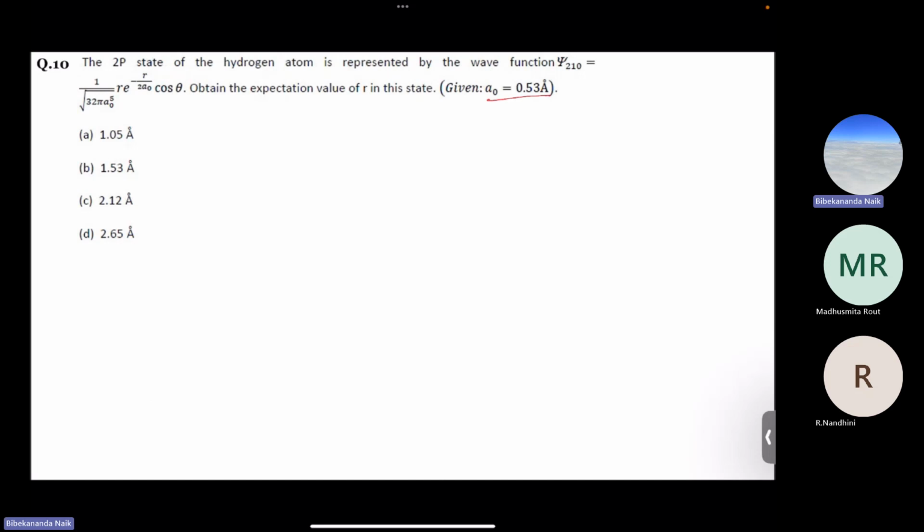Given a0 is 0.53 Angstrom. Option A 1.05 Angstrom, option B 1.53 Angstrom, option C 2.12 Angstrom, and option D 2.65 Angstrom. I'll give you a few minutes to try this question. After some time, we will solve and find out the expectation value of r.